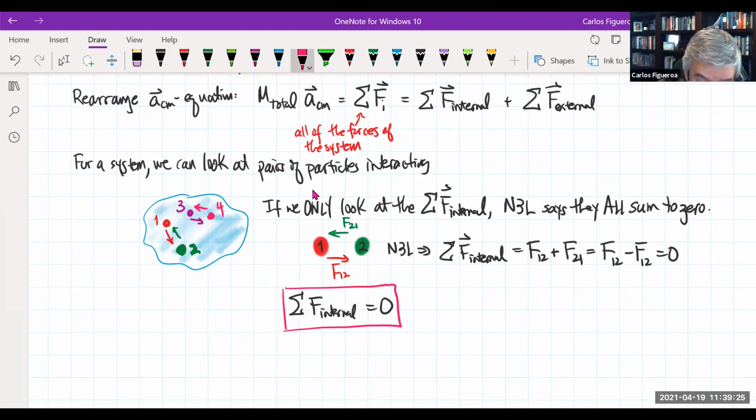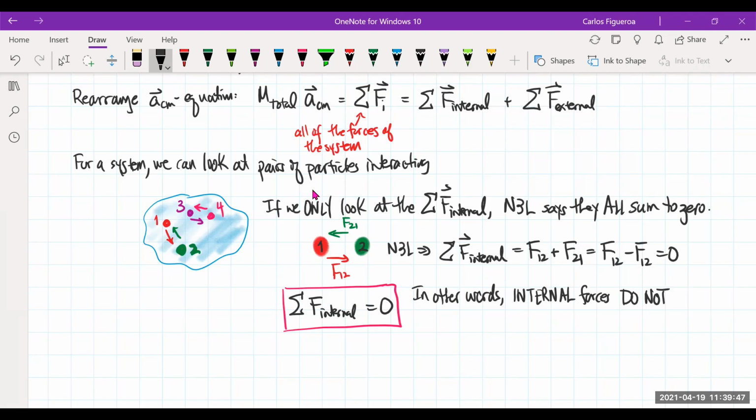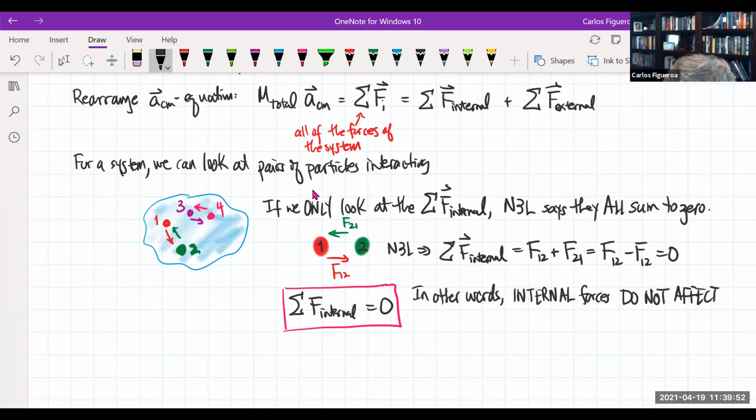So in other words, what I'm really saying is this, that internal forces do not affect the system's motion.